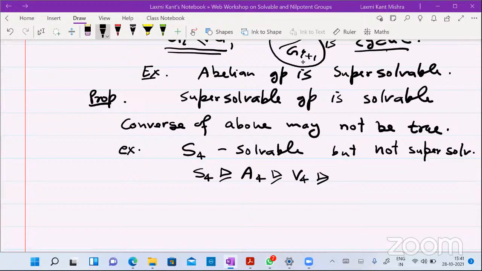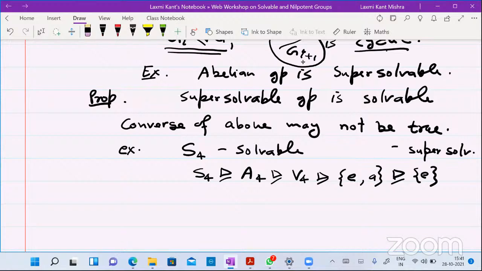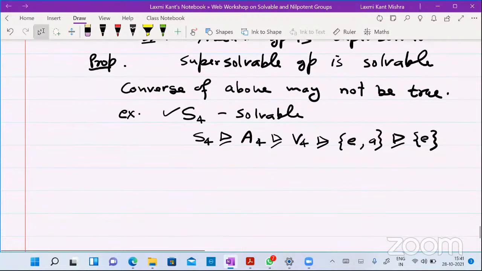In this case, every factor group is cyclic, so this is super solvable. I was wrong. It is solvable as well as super solvable. But what? Just one minute.